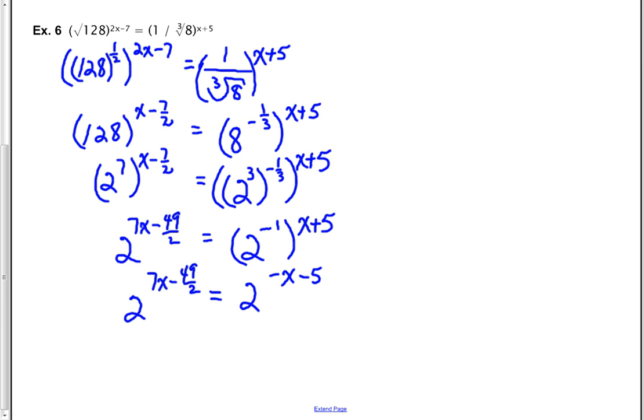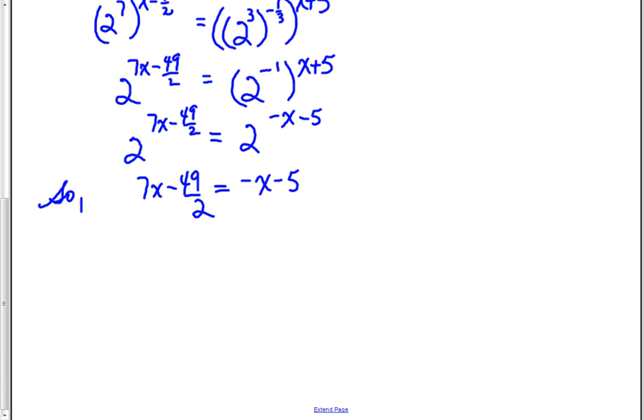Now I have an equation with the bases the same. That means the exponents must be the same. 7x minus 49/2 equals -x, -5. Same process, I'm going to add x to both sides. I'm going to add 49/2.